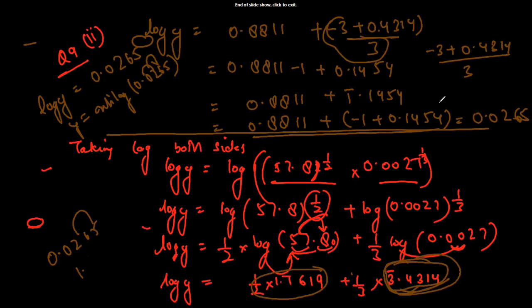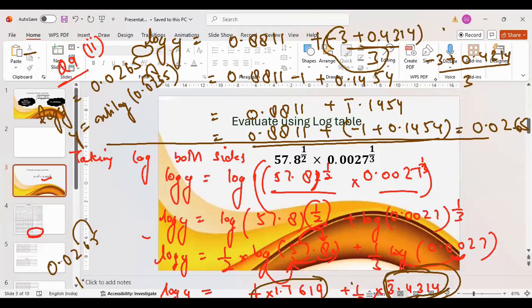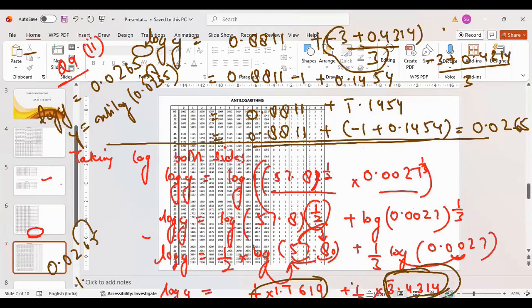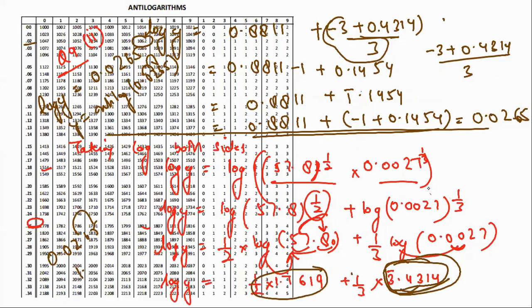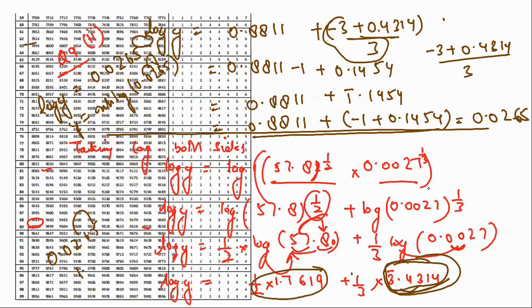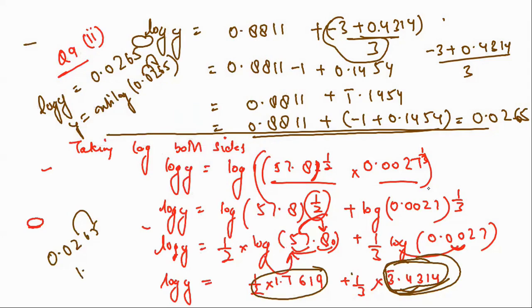I'll again see the value. I think 1062 was the value. Yeah, my value will be 1062. 1062 is the value.